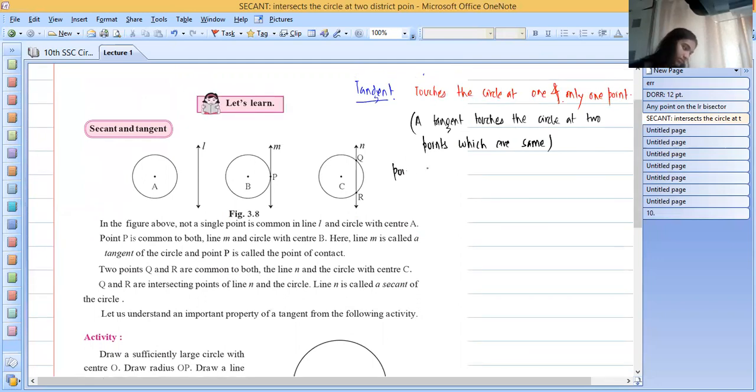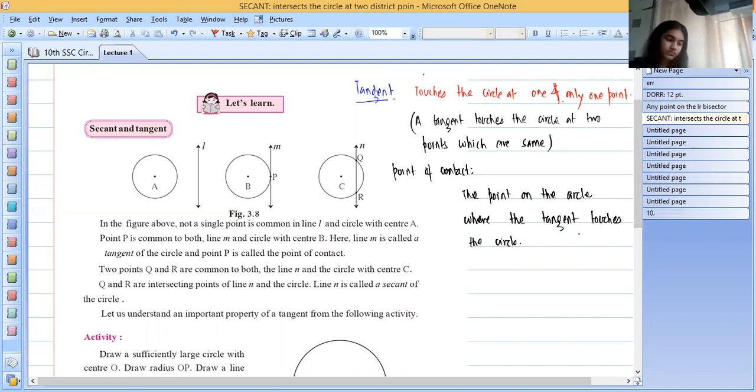Point of contact. What is point of contact? The point where the tangent touches the circle.